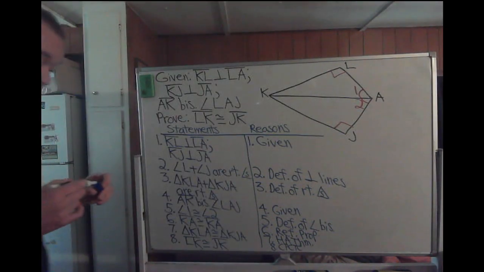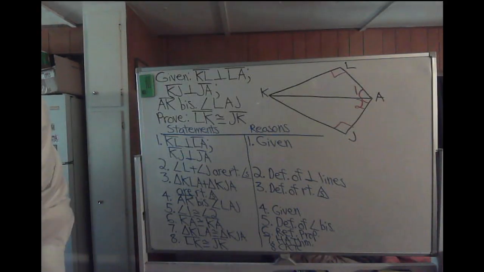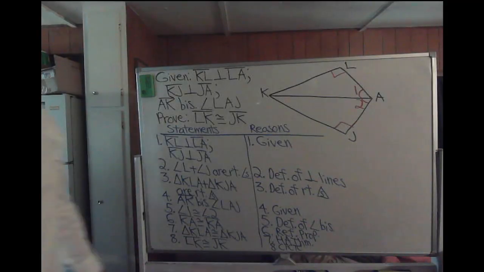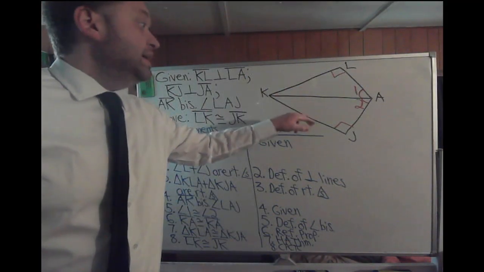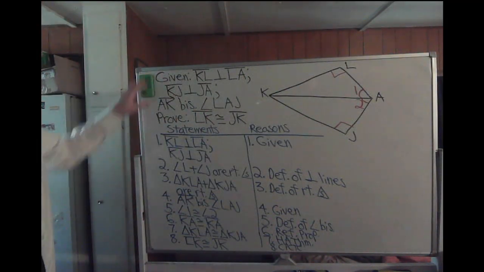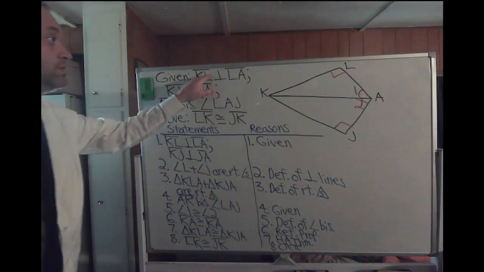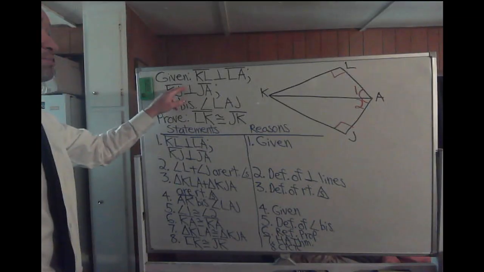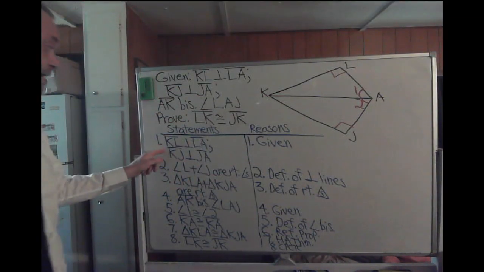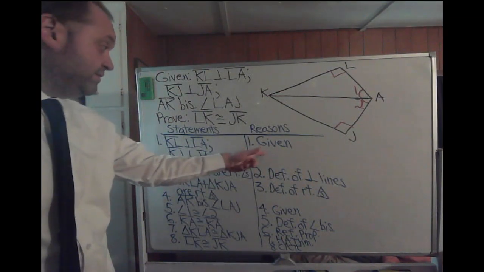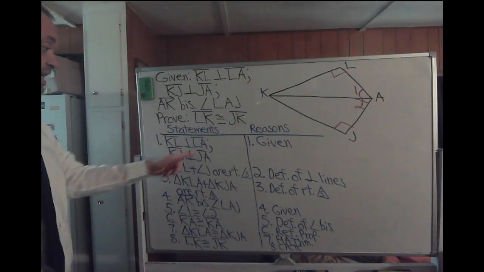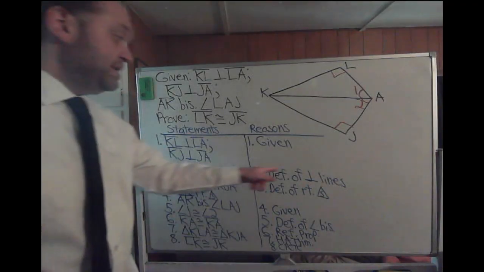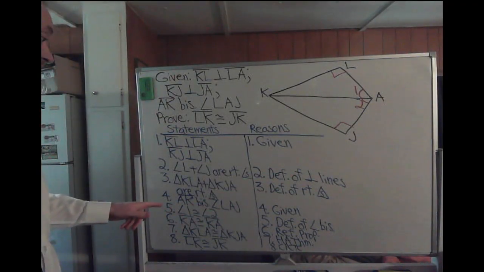All right, let's go through this proof here. That was an 8-step proof, but sometimes you'll have that. So we have two triangles here, KLA, KJA. What they give us is that KL is perpendicular to LA, and that KJ is perpendicular to JA. We made that our first statement of the proof. Those were given to us. And if those lines are perpendicular, that means that angles L and J are right angles by the definition of perpendicular lines.